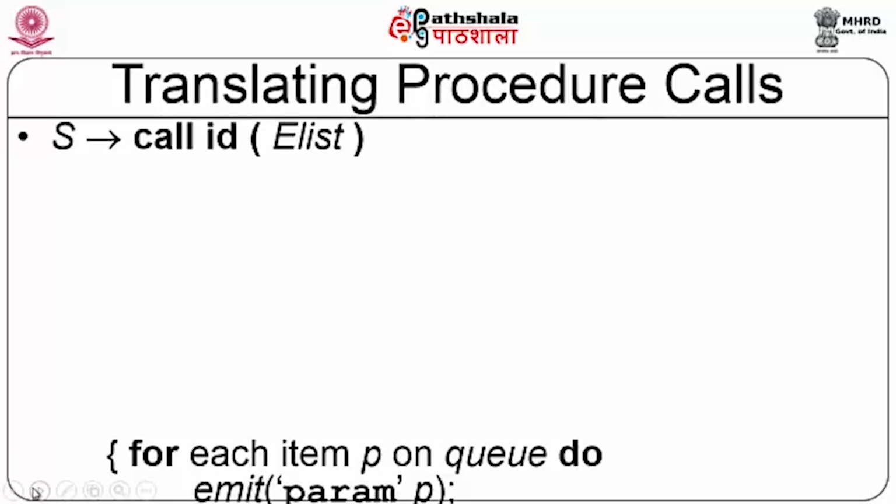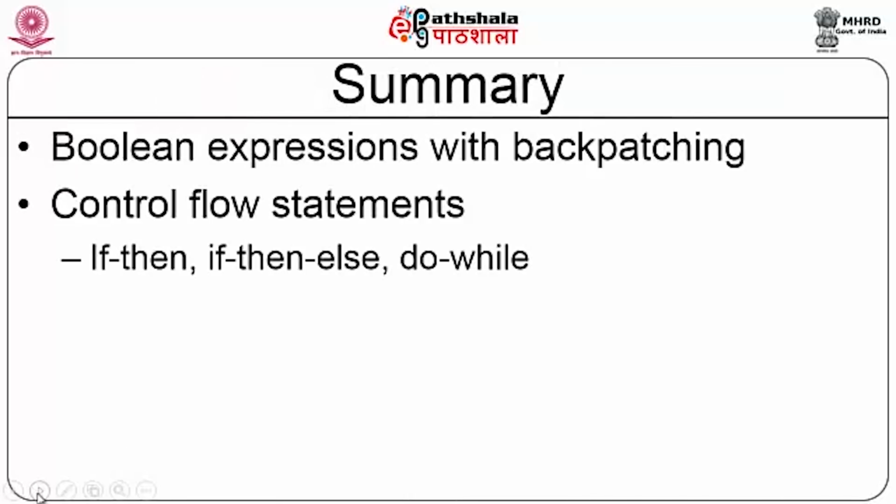Now, we are done with the backpatching and the procedure calls. To summarize this module, we have looked at Boolean expressions with backpatching. We have also looked at the control flow statements in the context of backpatching, where it incorporated if then else and do while, and you incorporate this by creating new attributes for the non-terminals S and L, namely L.nextlist and S.nextlist, in addition to your S.next and L.next, which are single labels.